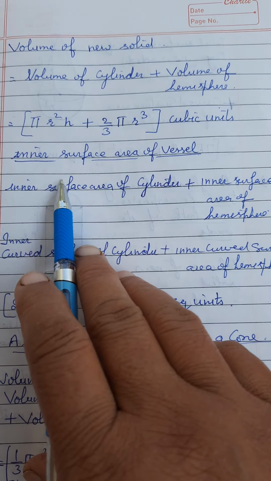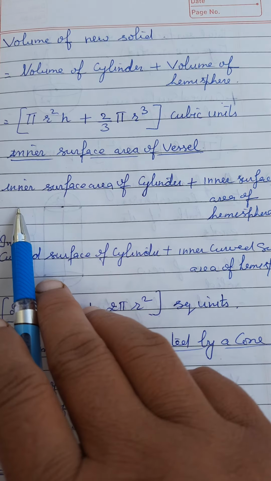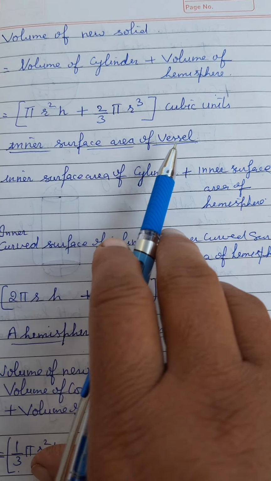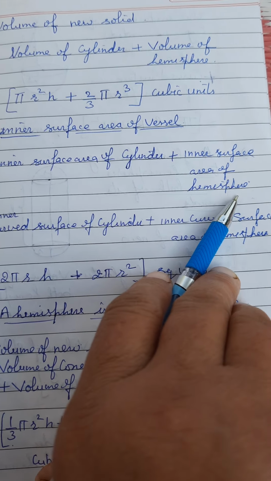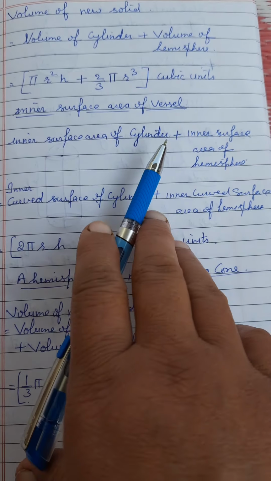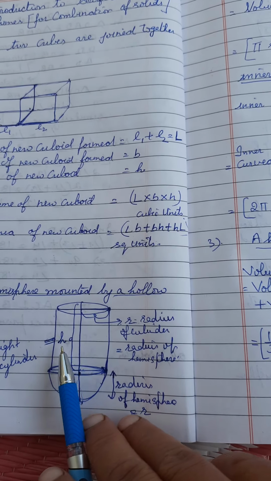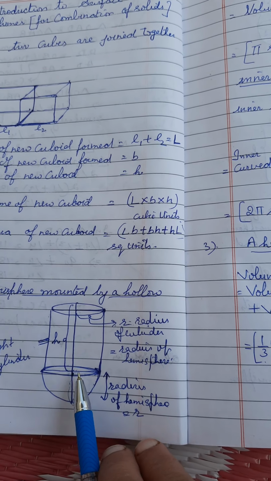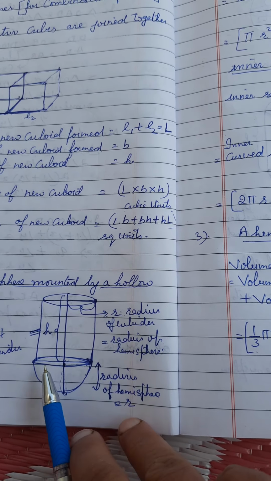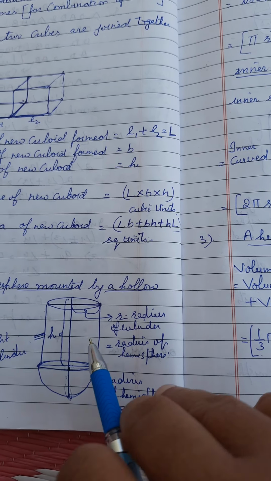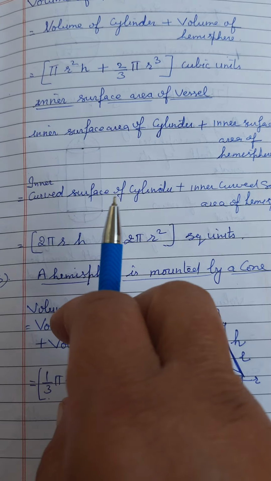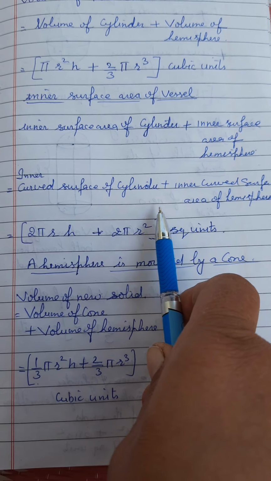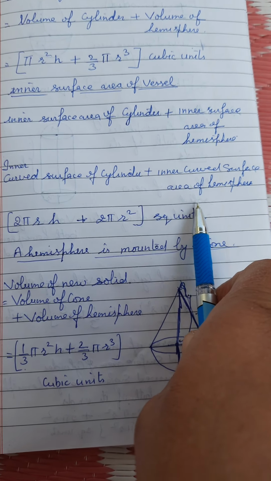Now we are to find the inner surface area of the vessel. Inner surface area of cylinder plus inner surface area of hemisphere. Inner surface area of cylinder means the curved surface area of the cylinder, and inner surface area of the hemisphere also means the curved surface area of the hemisphere.